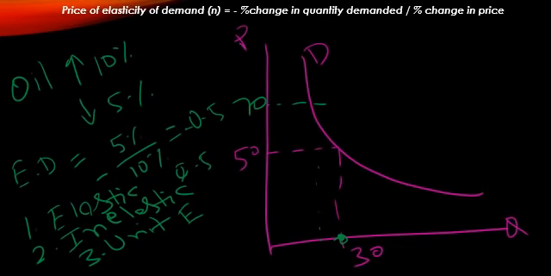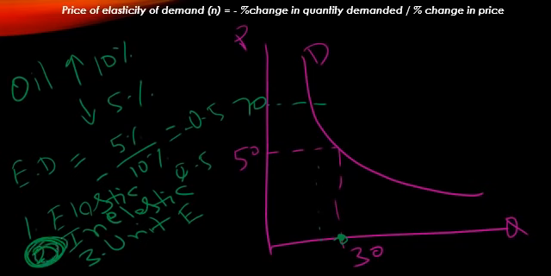When there is no substitute, the demand is not impacted too much. Maybe it will reduce a little bit. Otherwise it doesn't reduce in this particular case, because you will die if you don't take insulin. So this is called inelastic demand.